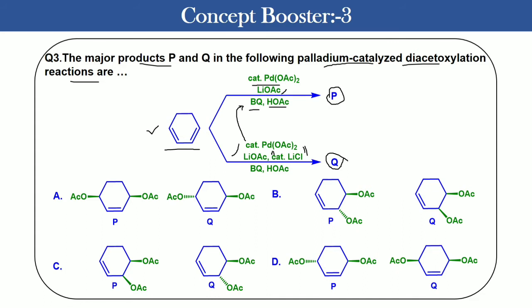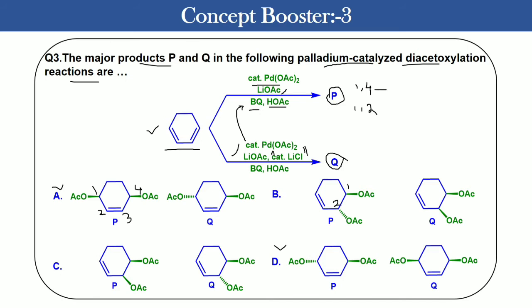Now as you can see, in option A and option D the product is the 1,4 diacetoxylation product, and in option B and option C the product is the 1,2 diacetoxylation product. So basically this is a regioselective reaction, and there are two possibilities, 1,4 diacetoxylation and 1,2 diacetoxylation.